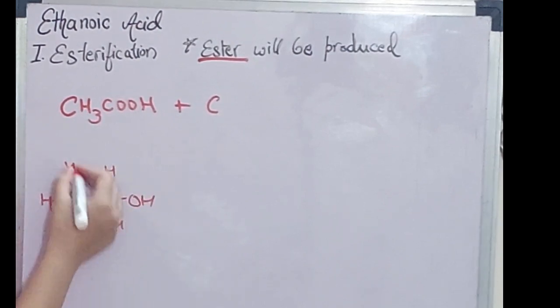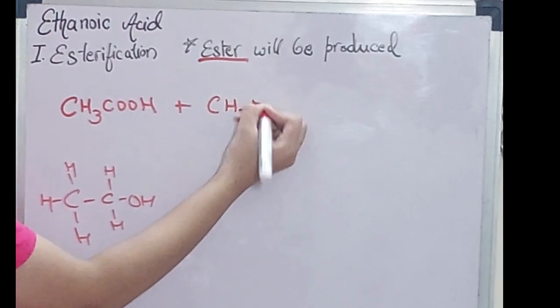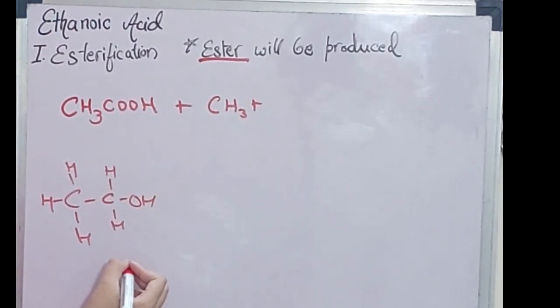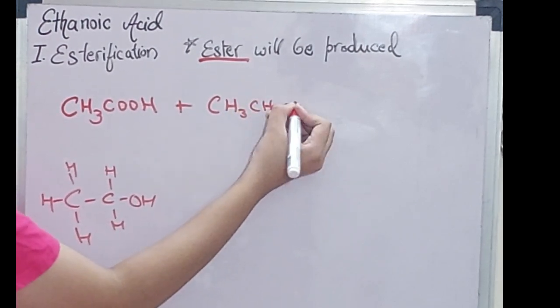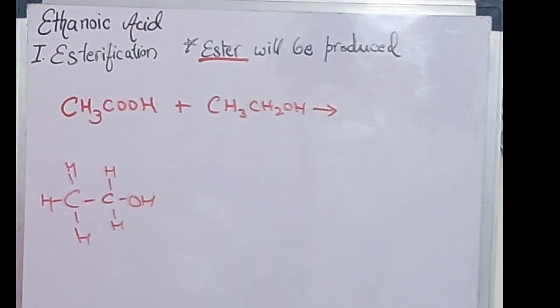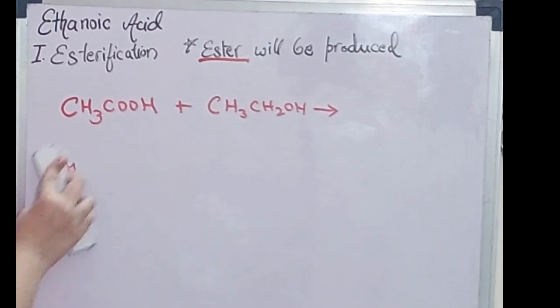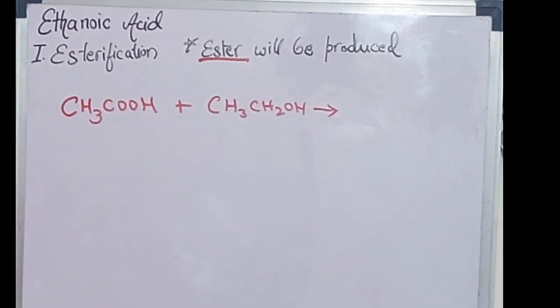CH3COOH plus CH3CH2OH gives me what? It gives me ester. Okay, now can you understand what the compound of ester will be?